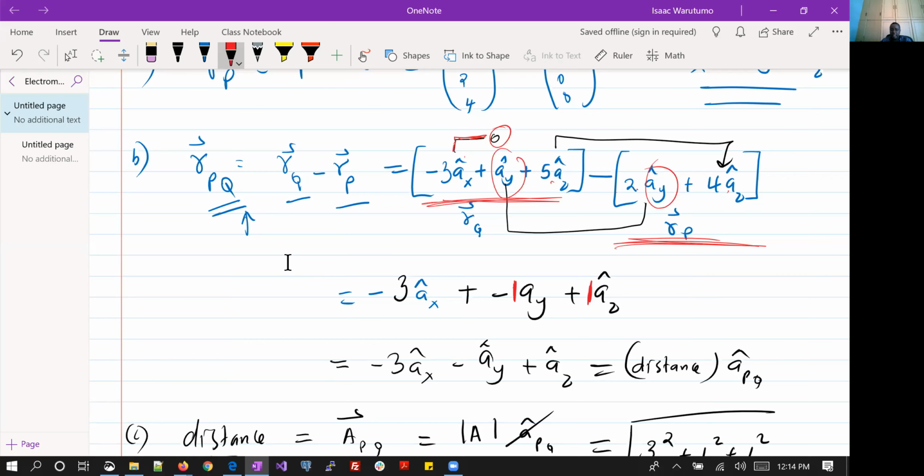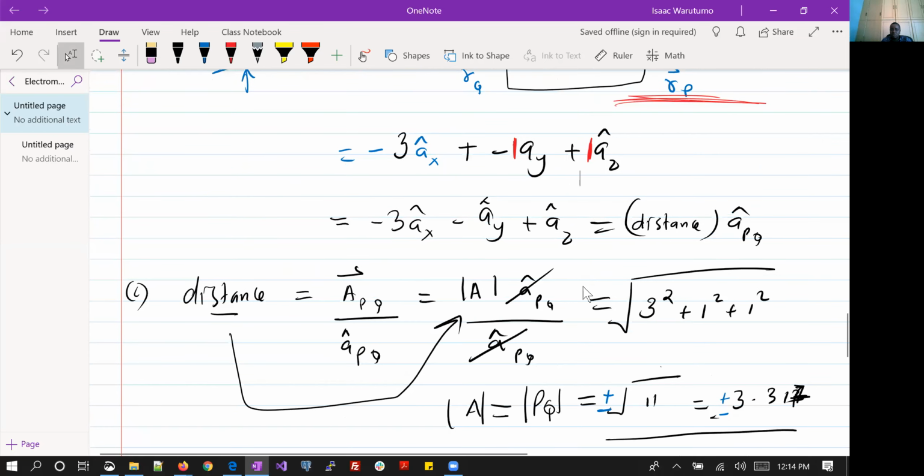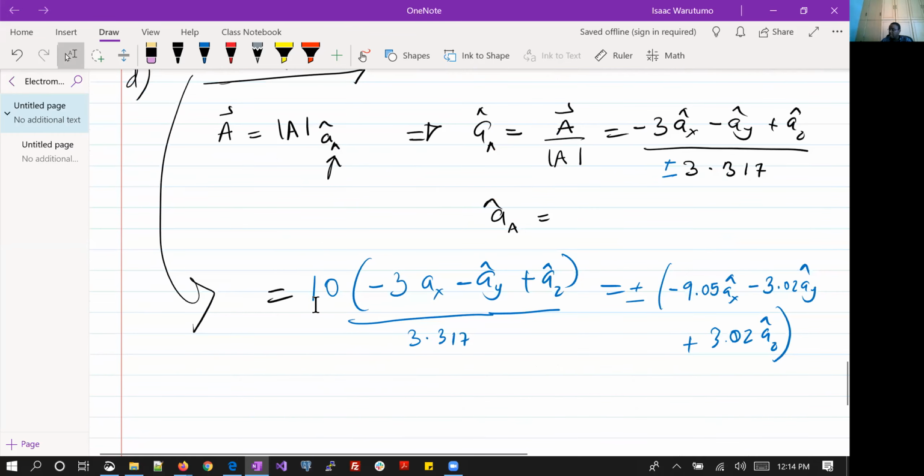Having said that, you get this to be your distance vector RPQ. That is how we find the distance vector, and we also find the unit vector that we multiplied with 10.